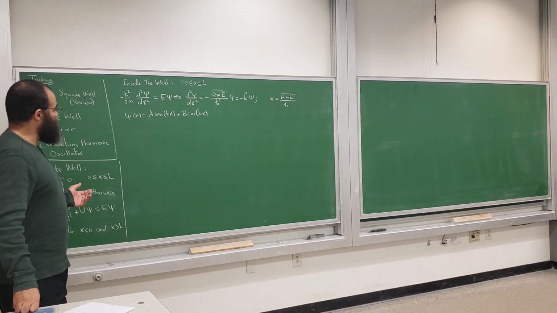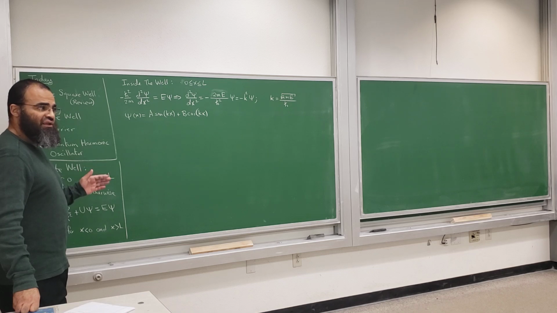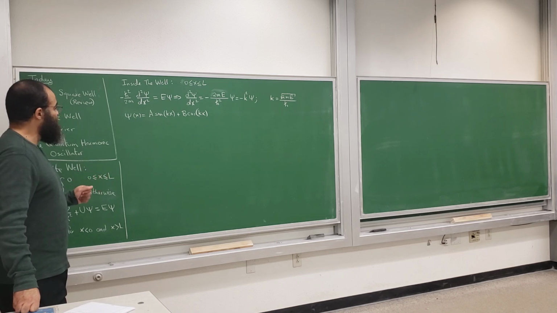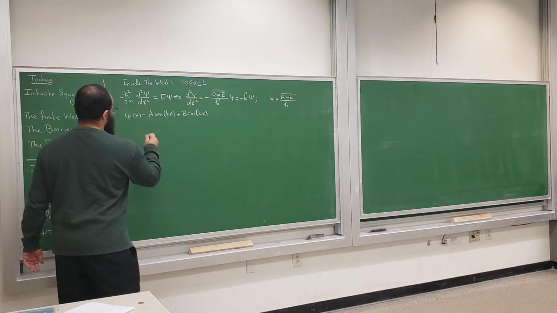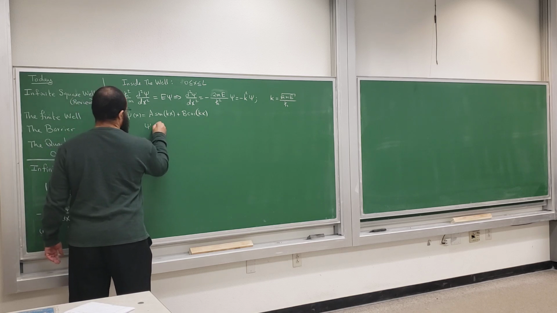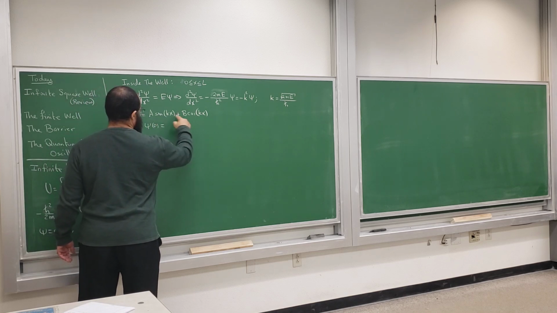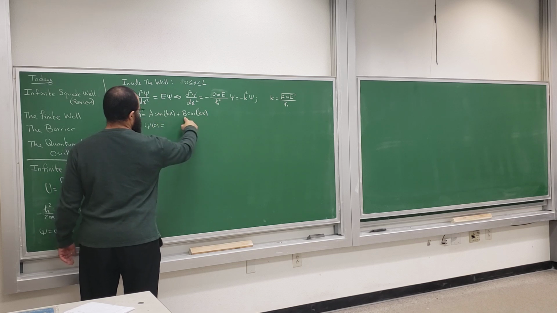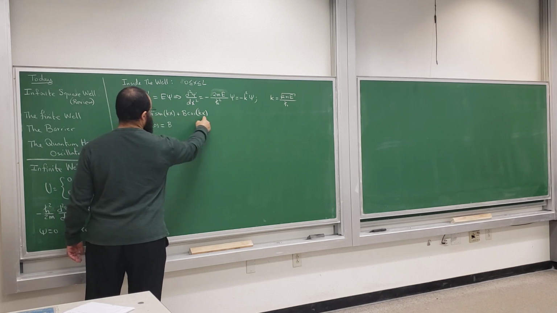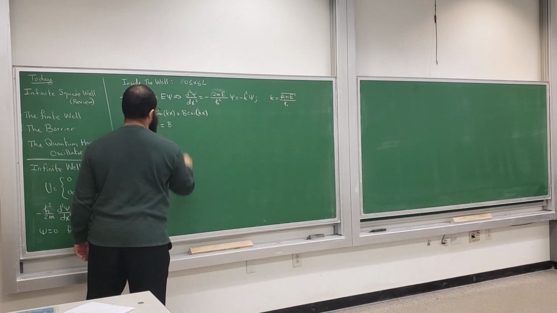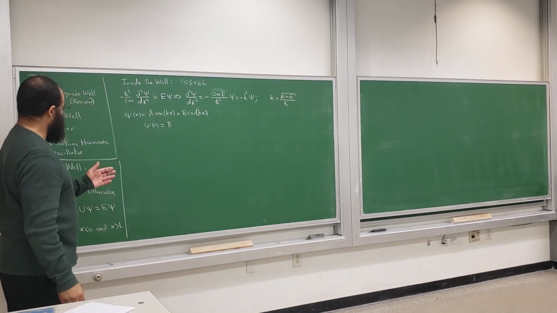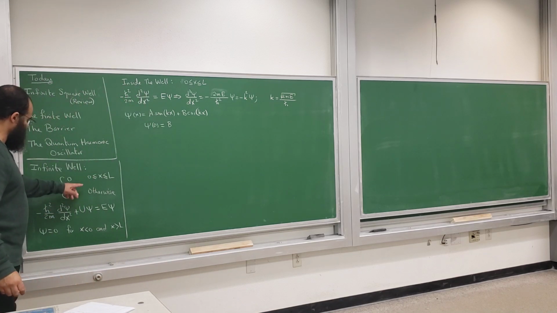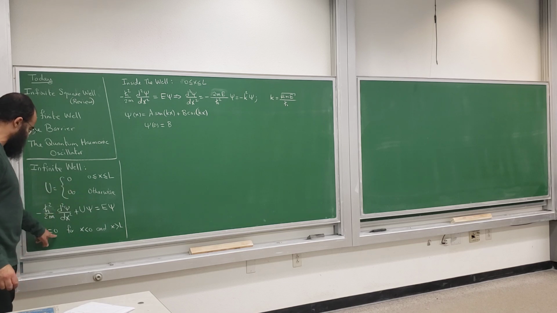So if psi is continuous, it needs to be continuous at the endpoints, at the boundaries. So, for example, psi at 0, if we plug in x equal to 0, the sine term will just become 0 and we'll just get B, because cosine of 0 is 1. But we know outside of the well, the wave function is just 0.